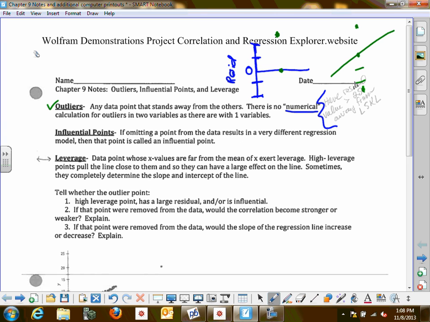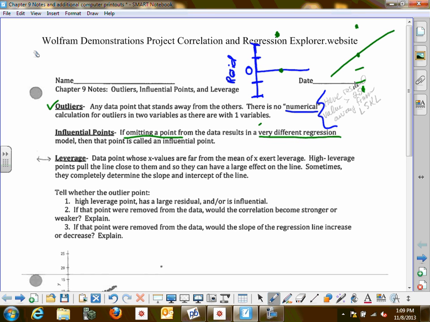Next, this thing called influential point. This, honestly, in my mind, is a little backwards of a definition because it says if omitting a point. So basically, if you take a point away and it has a very big impact on the equation of the line, so it significantly impacts.